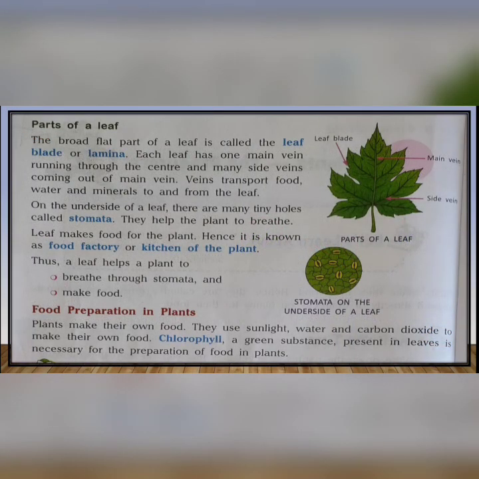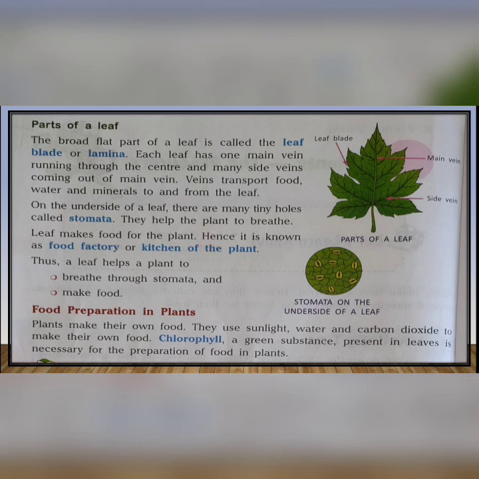Now the next topic is about parts of a leaf. The main parts of a leaf are leaf blade or lamina, then main vein and side vein. On the underside of a leaf there are some tiny holes which are called stomata, and those stomata help the plant to breathe.